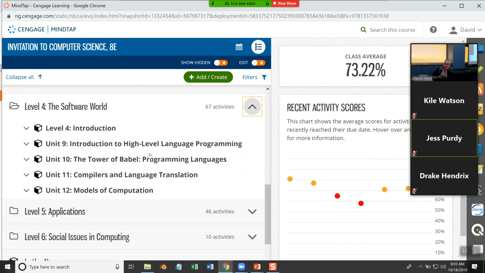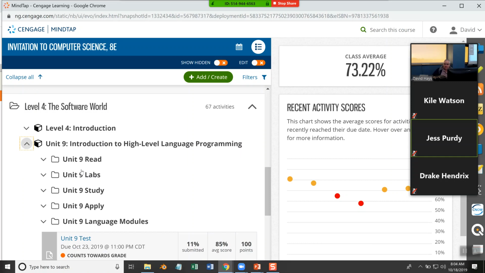Starts in Unit 9, but I believe there's some in Unit 10 also. There's labs out here.